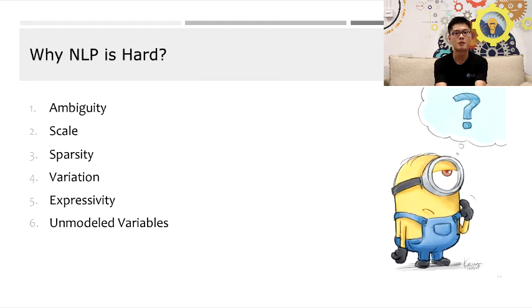Unmodeled variables. Some variables or words are unmodeled in NLP models. If I say, I drop a glass to the ground, it must break. But what if I drop a piece of plastic onto the ground? No, it won't break. So the NLP model should memorize the attributes for some variables, but for now they are still unmodeled.